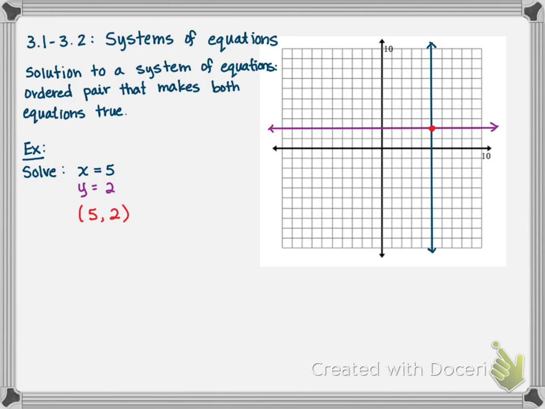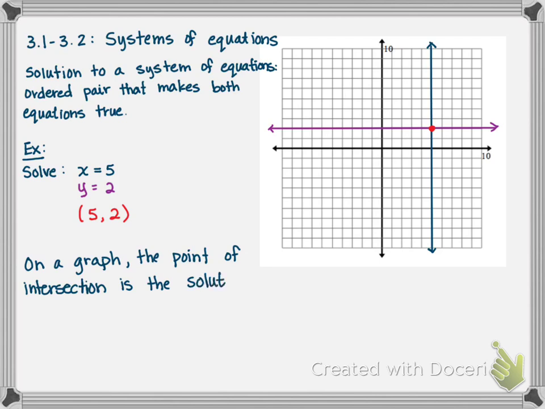And so on a graph, the point of intersection is the solution to the system.